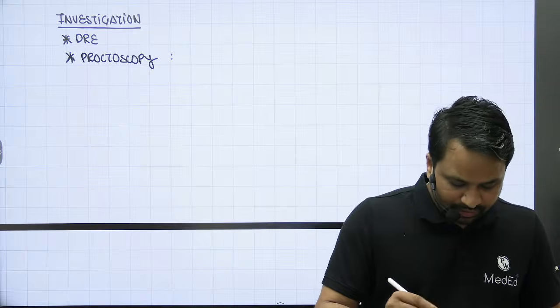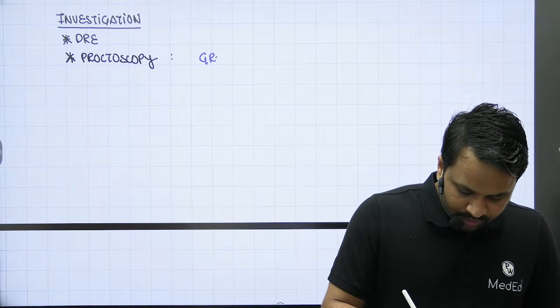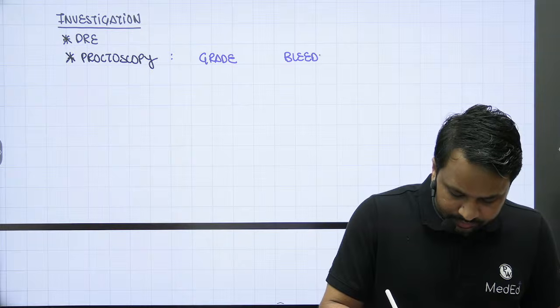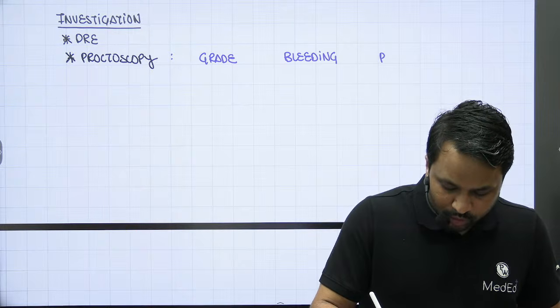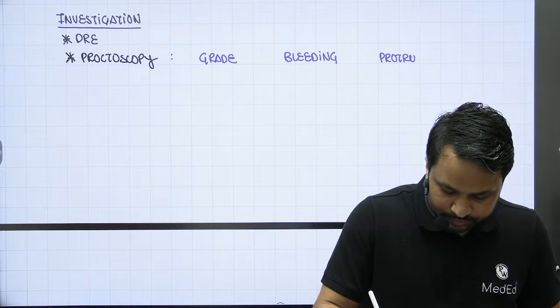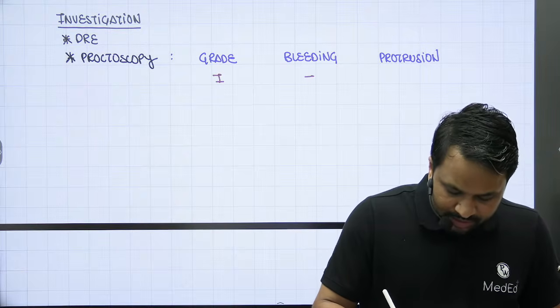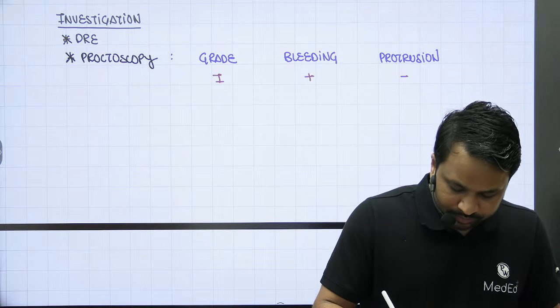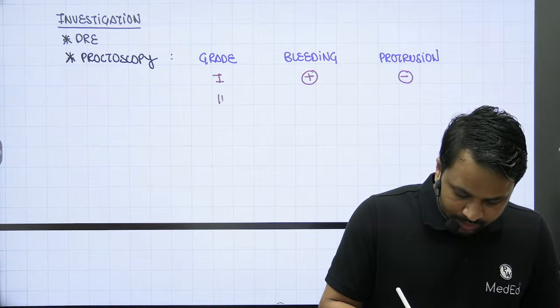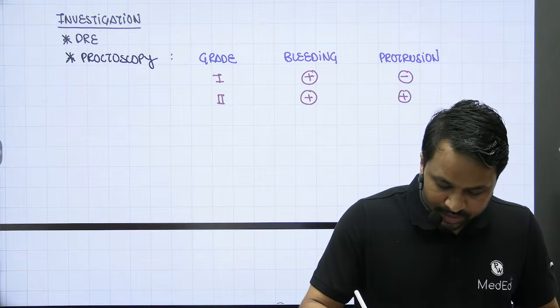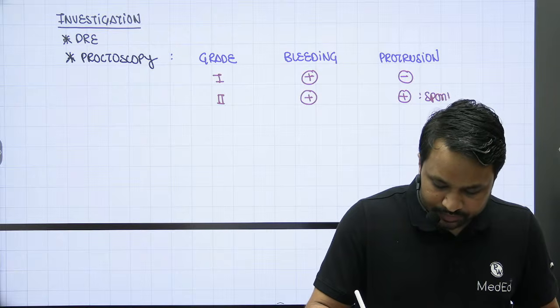Now based upon the proctoscopy, we have different grades of hemorrhoids. The grades of hemorrhoid are on the basis of bleeding that is present, and whether the hemorrhoid is protruding or not. In grade 1 hemorrhoid, there is presence of bleeding, there is no protrusion. Grade 2 hemorrhoids, there is bleeding and protrusion, but it spontaneously reduces.